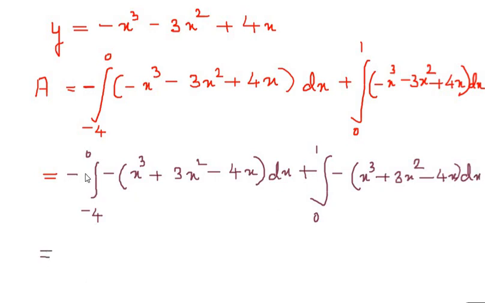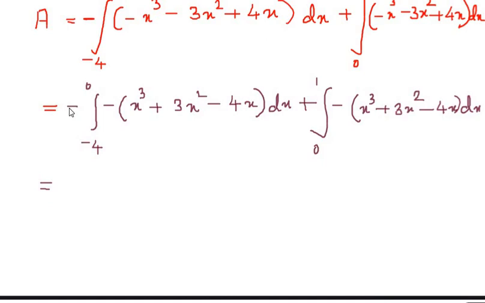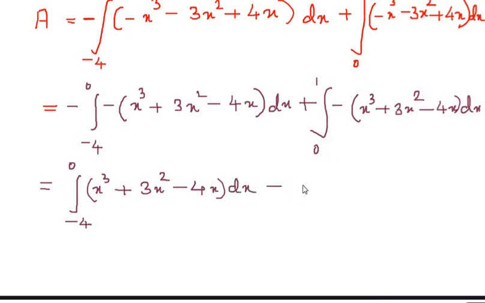Now here negative and negative get multiplied together, so minus of minus is plus, so it simplifies as the integral from negative 4 to 0 of (x cube plus 3x square minus 4x) dx, and plus times minus becomes minus, the integral from 0 to 1 of (x cube plus 3x square minus 4x) dx.